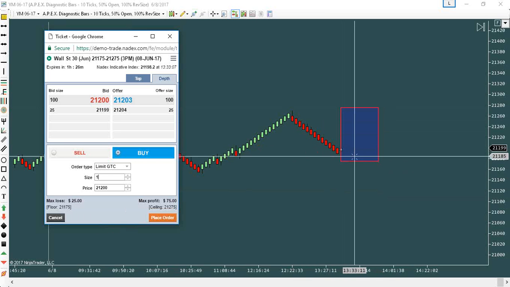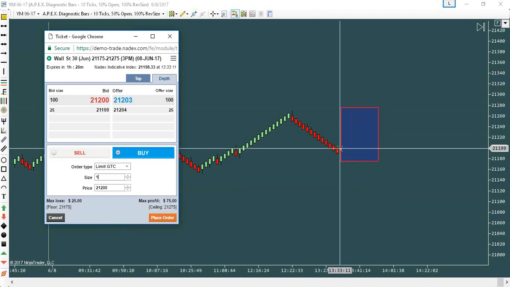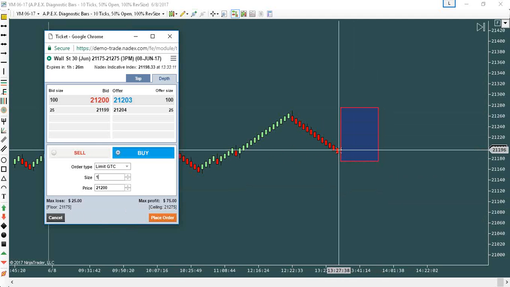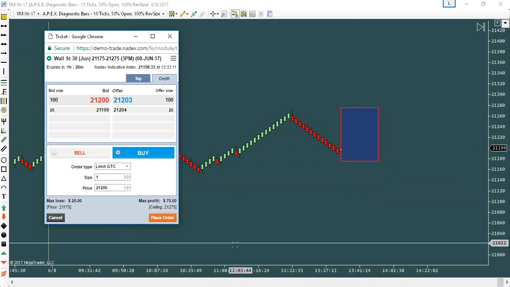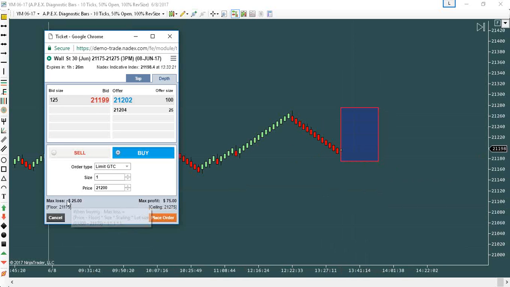It went down 10 ticks, and each tick is $1. So I actually am down $10 on this trade. Therefore, once the trade expires, I'm not going to get the whole 25 put back in my account, right? I'm going to get the 25 minus 10, so I'm going to get 15 back. Make sense?